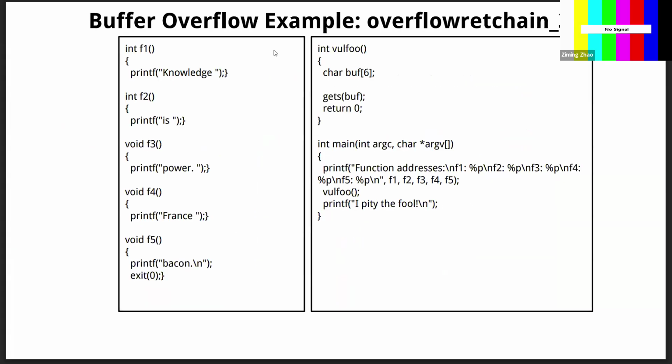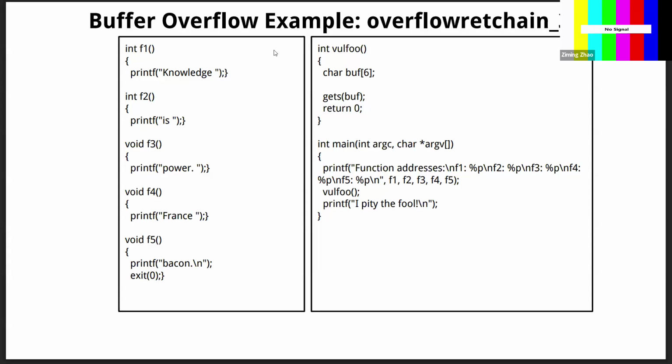There are 5 functions. Each of them will just call printf to print out something. And function 5 will actually also call exit. Okay. So our goal is to return to this chain of functions.